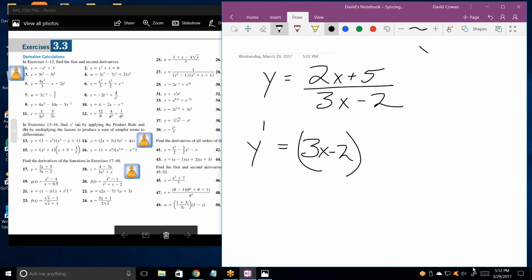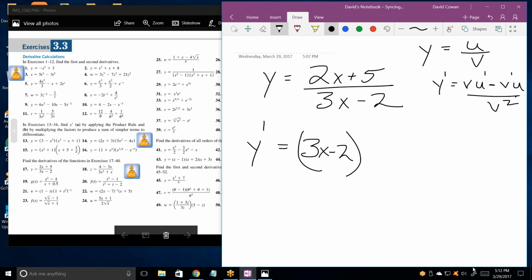Here, let's go back and let me write this again. If I have y as a ratio, then y prime is the bottom times the derivative of the top minus the reverse, which means the derivative of the bottom times the top, all over the bottom squared.